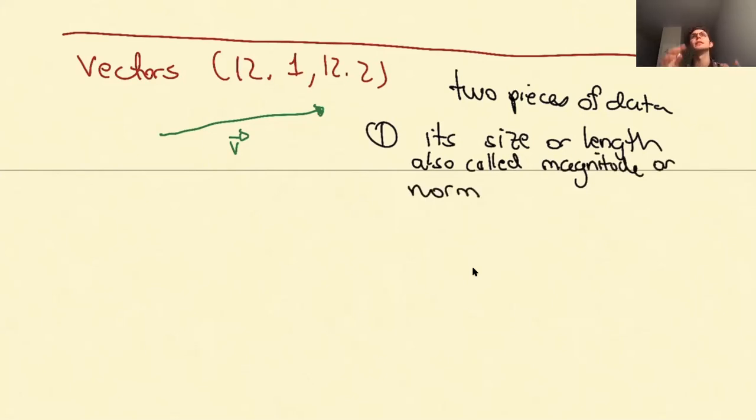So if someone tells you length, size, magnitude, norm, think of them as synonyms, meaning the same thing. Okay? And so say if this arrow were 3 feet long, you would say that the size of this vector is 3 feet. So you would write something like this.